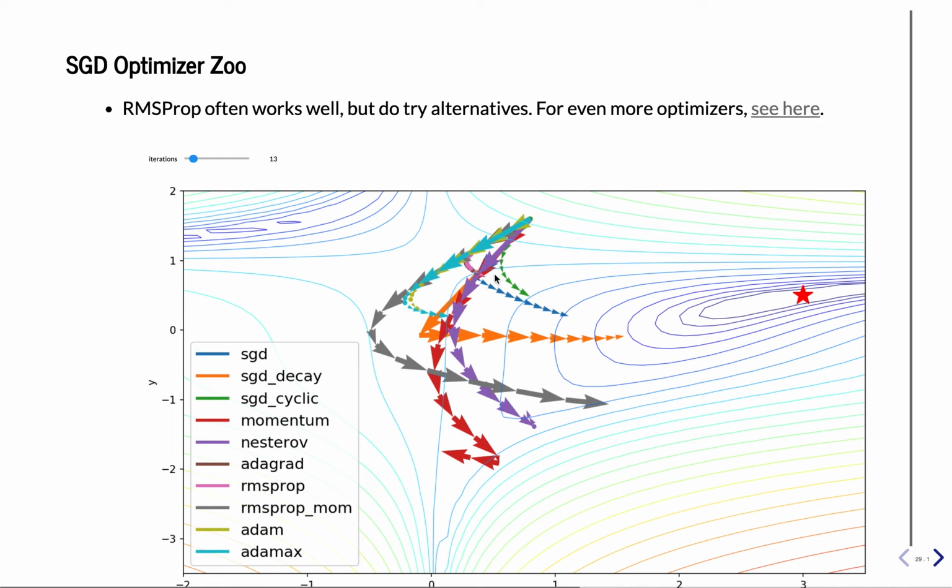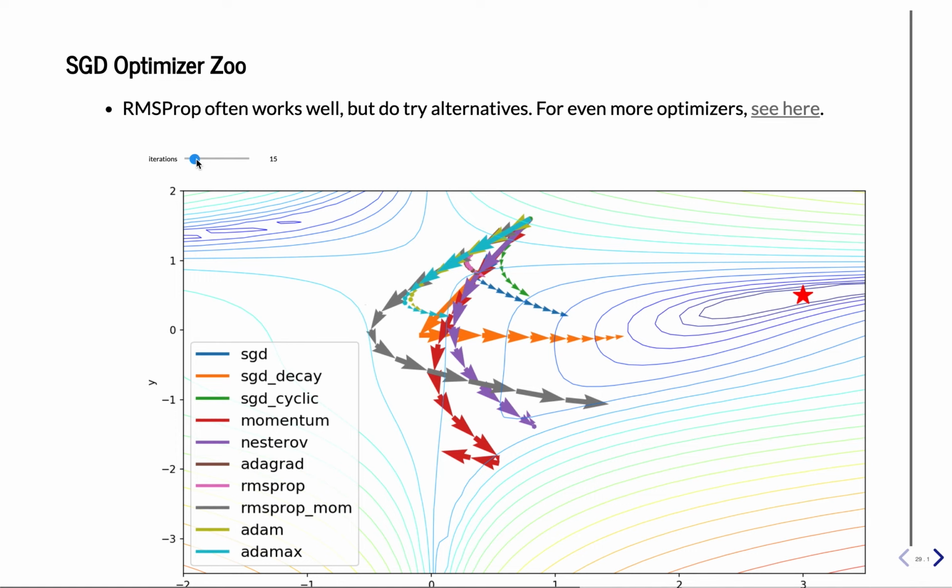We see that the momentum variants all overshoot in the beginning, some more than others. And we see that rmsprop is still in the beginning. It's already curving in the correct direction, but it's not quite there yet. So at this point, SGD decay is sort of winning.